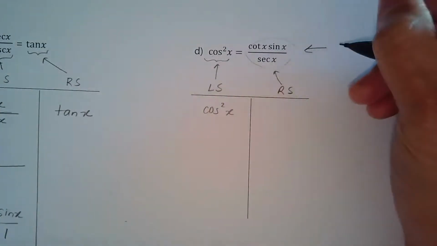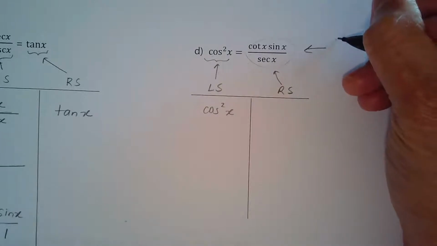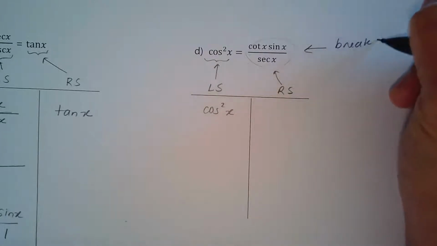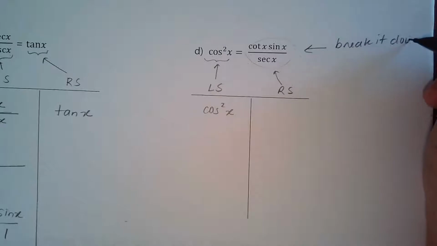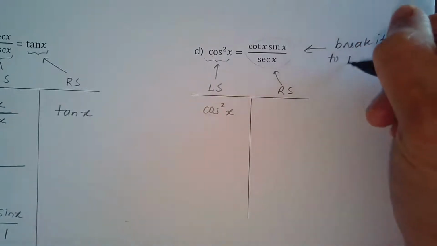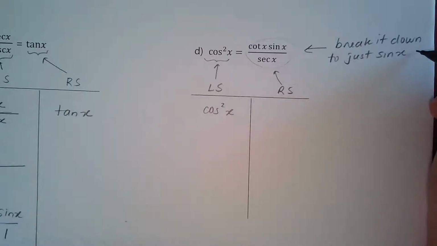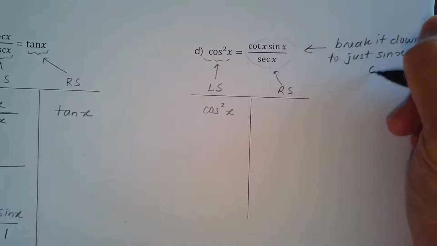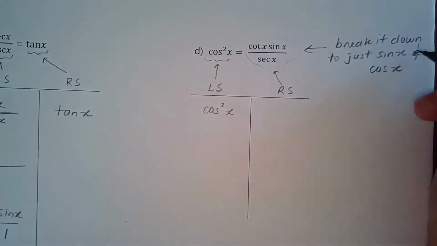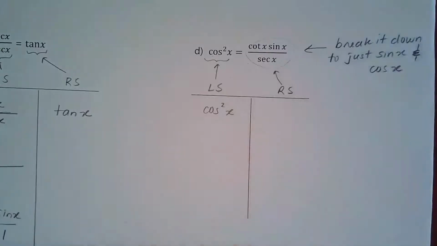Usually when you have something like this, you just break it down to just sine x and cos x. Yeah, it takes a lot of practice to do these things.